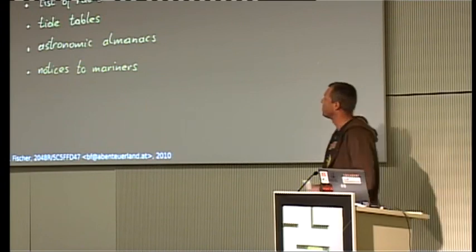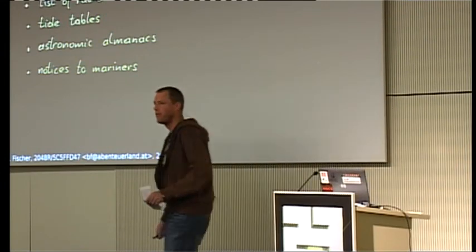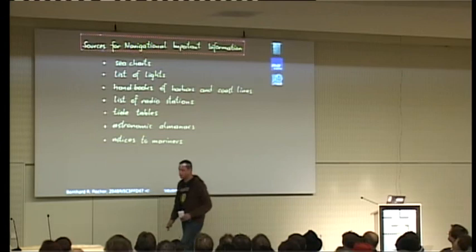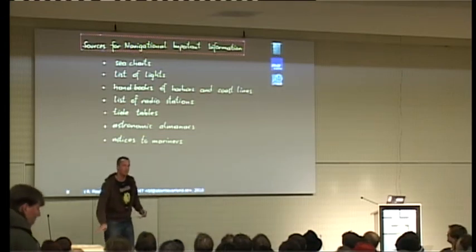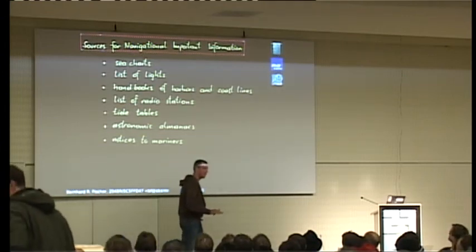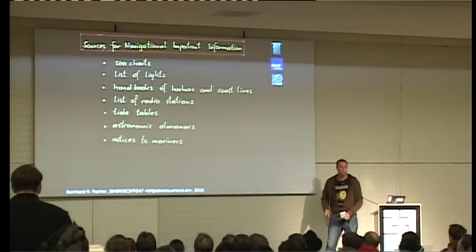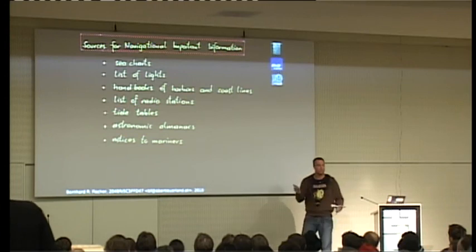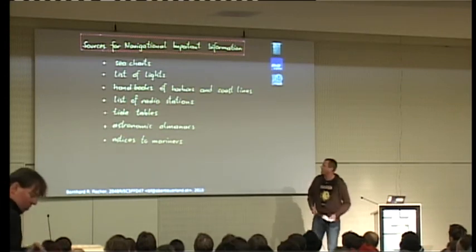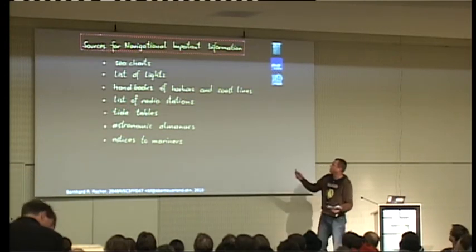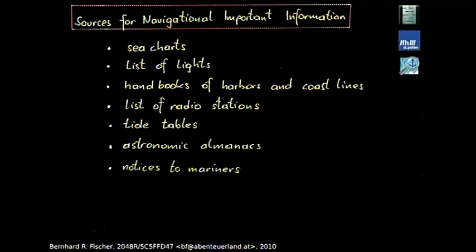Okay, sources for navigation of a vessel. A sea chart is not everything. There are many other things. For example, we have, of course, the sea charts. We have a list of lights, a list that covers all lighthouses and stuff like that. We have a handbook of harbors and coastlines, which describes verbally what the coastline looks like to find a specific bay or port.